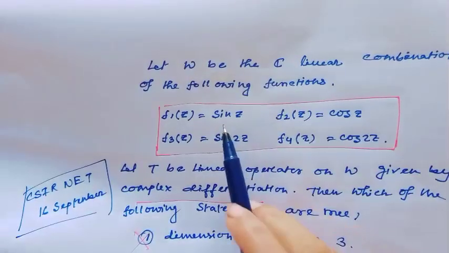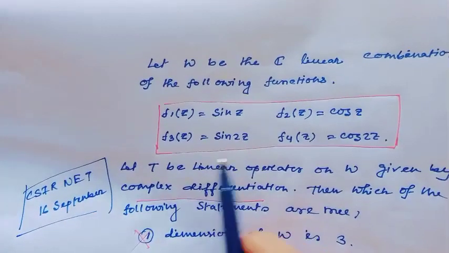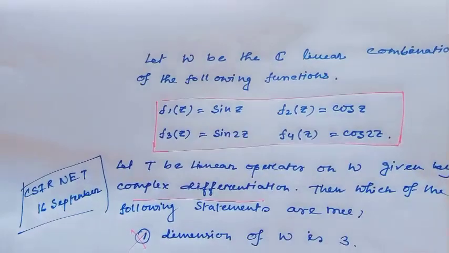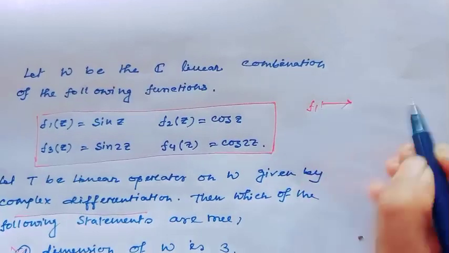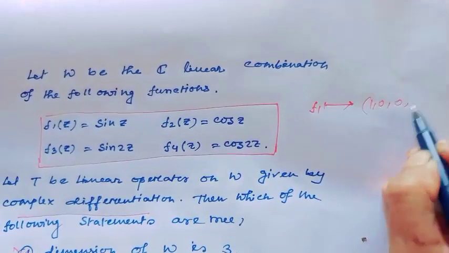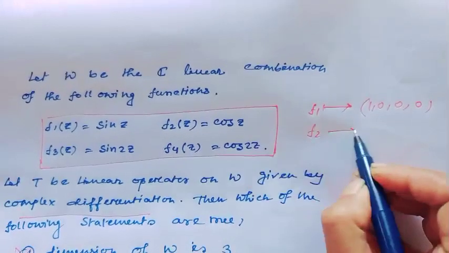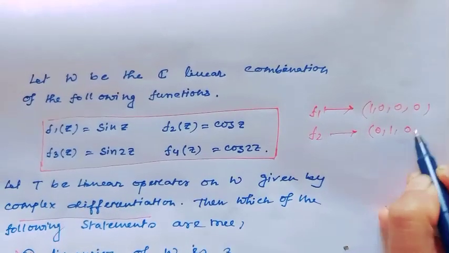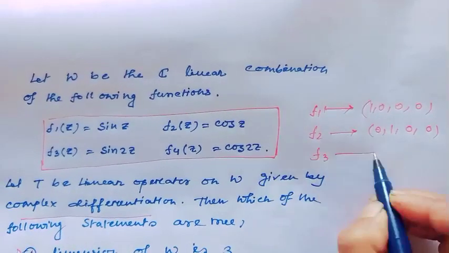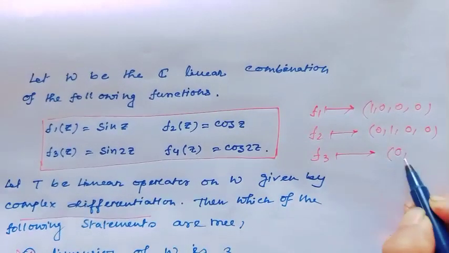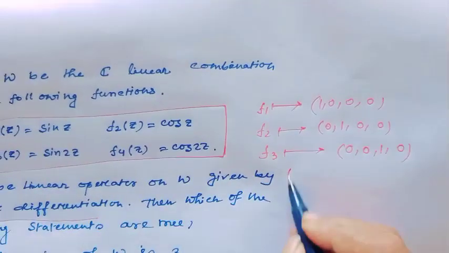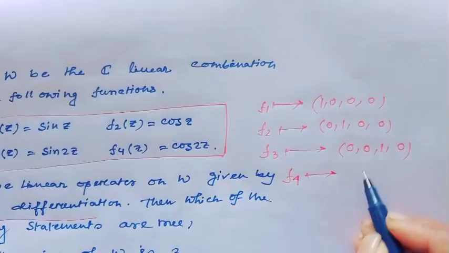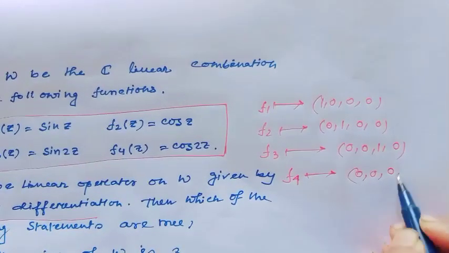Here f1 is sin z, f2 is cos z, f3 is sin 2z and f4 is cos 2z. Consider f1 corresponds to 1 0 0 0, f2 corresponds to 0 1 0 0, f3 corresponds to 0 0 1 0 and f4 corresponds to 0 0 0 1.